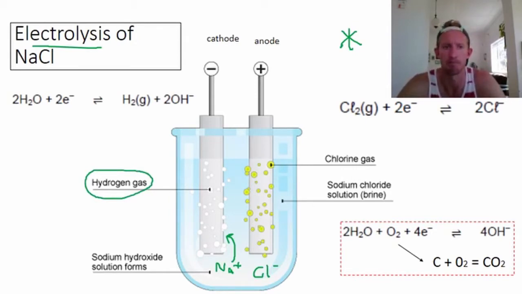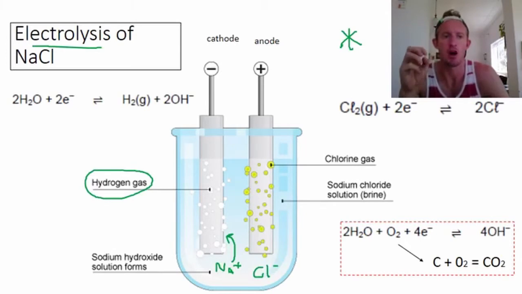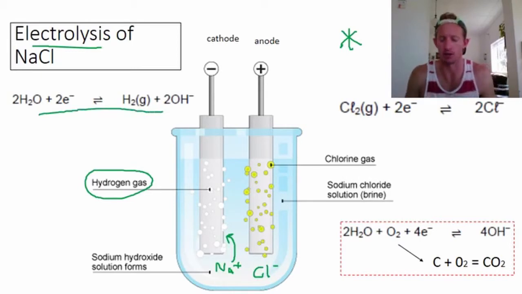Okay, because at the cathode, the stronger oxidizing agent will be reduced. So like we learned in the previous lesson or video, the stronger oxidizing agent is reduced. So water, therefore, must be a stronger oxidizing agent than sodium.